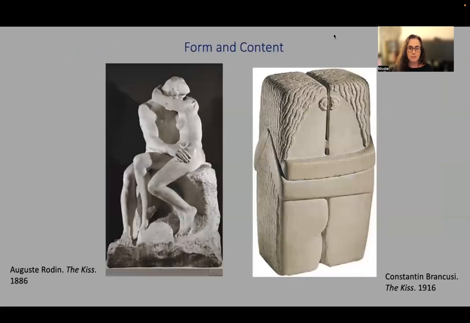Okay, so let's see if we can try to differentiate a little bit between form and content. We want to define those two terms first, and then take a look at two artworks that deal with very similar subject matter, but result in different meanings, right? Okay, so we're already starting to define a little bit of these terms. Let's talk about form. In the most general sense, form is the total effect of the combined visual qualities within a work.